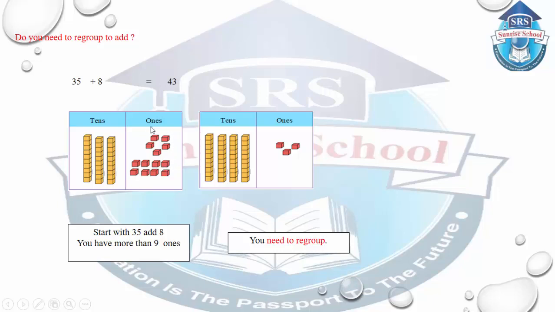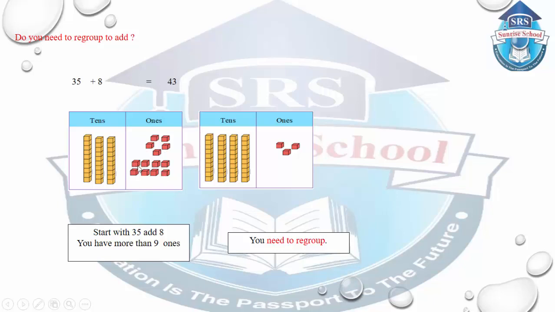Okay, let's regroup here and make a 10. Let's regroup the small squares and make a big bar or a big stick, like this. Count 10 with me: 1, 2, 3, 4, 5, 6, 7, 8, 9, 10.